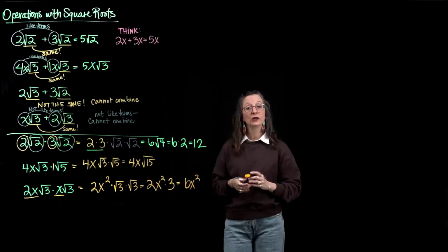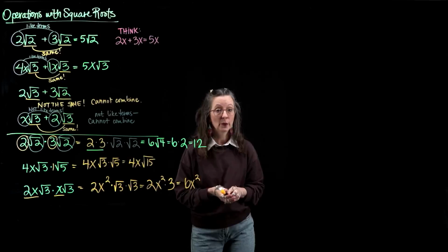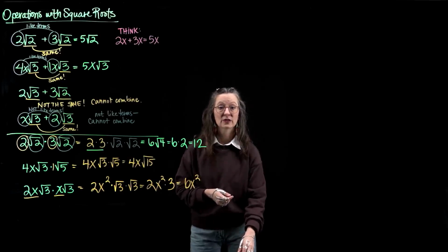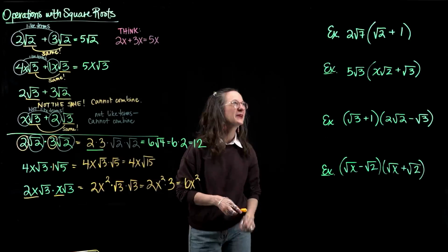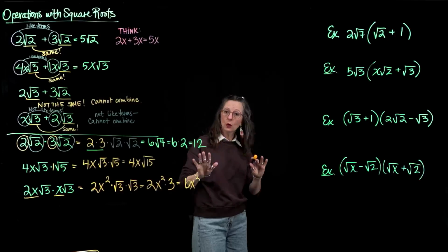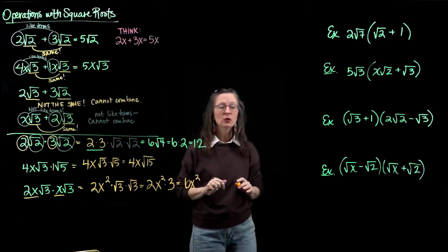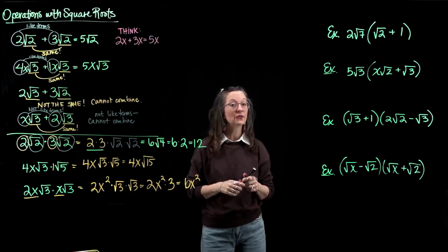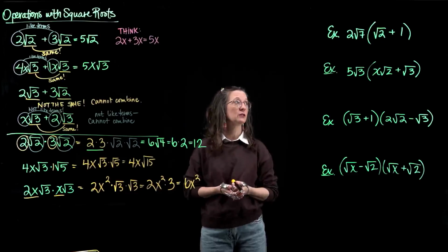All right, I want to look at some examples that involve parentheses. So let me throw those up on the board. Okay, here we go. So when we see parentheses, don't worry. We're just going to use our same rules. It just looks a little bit different, but it still refers to multiplication.